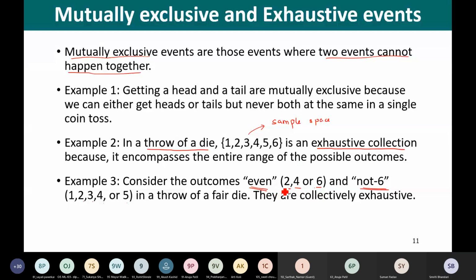Right? But whenever I consider the subspaces of these two events collectively, I'll be getting the sample space having all the outcomes. So we may say that collectively these outcomes of two events are collectively exhaustive.